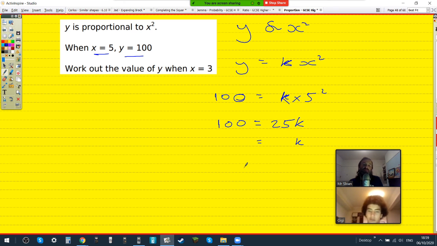Oh, 25 times 4 equals 100. And so when x is 3, what is y? Yeah. It's 4 times 3 squared.